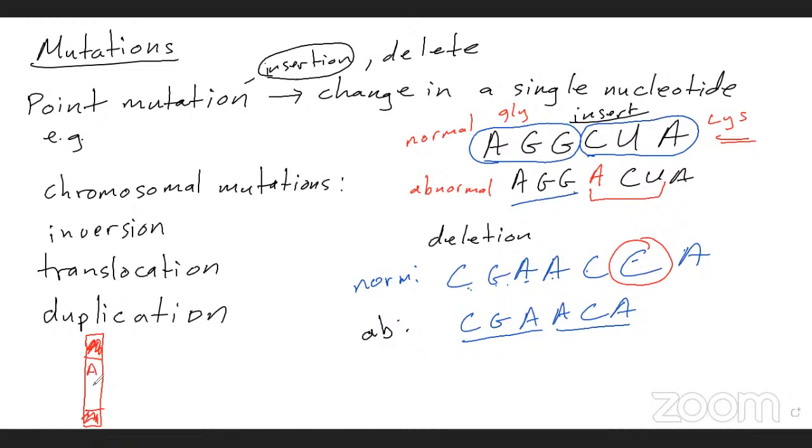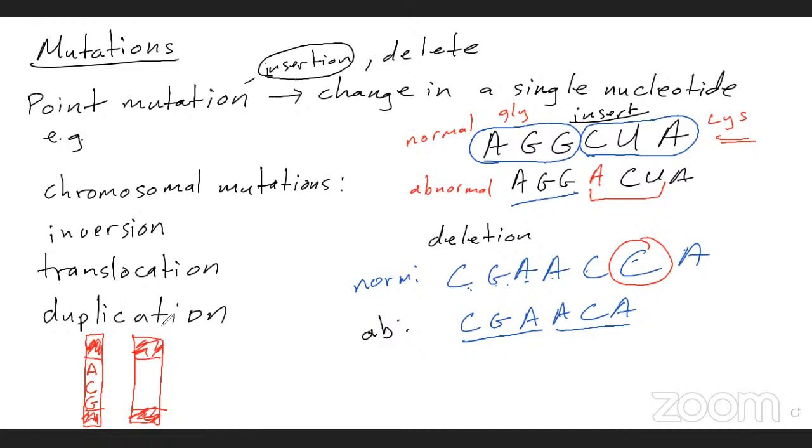Let's say I have ACG, right? With inversion, all you're going to do now is flip it.